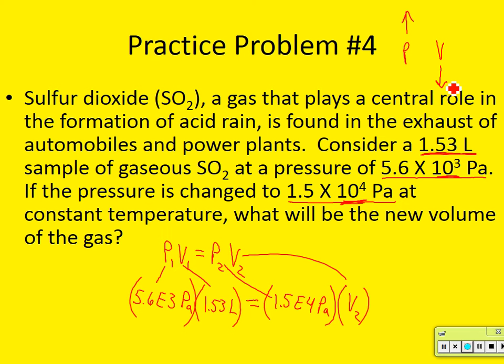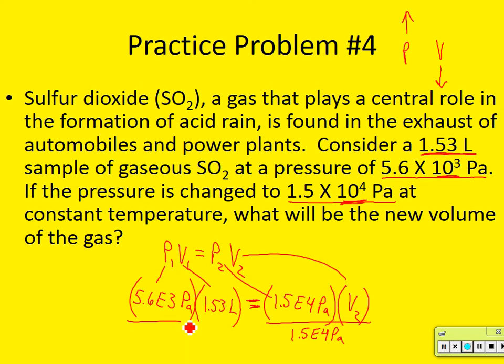Okay, we've got an equation here with one unknown. How do we solve for it? Divide by what? Yeah, we want to get V2, guys. We want to get V2 by itself. So how do we do that? We have to divide by this number, 1.5 e to the 4th pascals. But it's an equation. Whatever you do to one side, you've got to do to the other side.